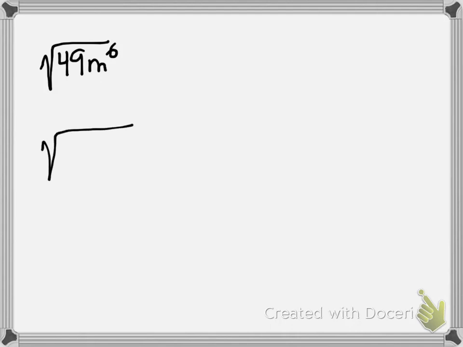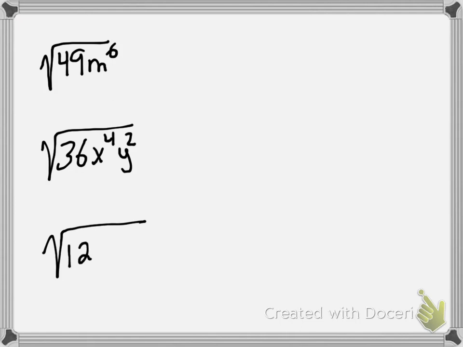We'll do a square root of 36, x to the 4th, y to the 2nd. And we'll do a square root of 121, x to the 4th, y to the 8th, and let's say z to the 10th.